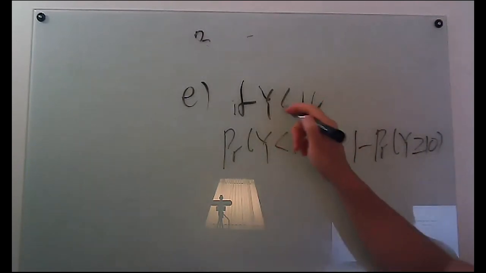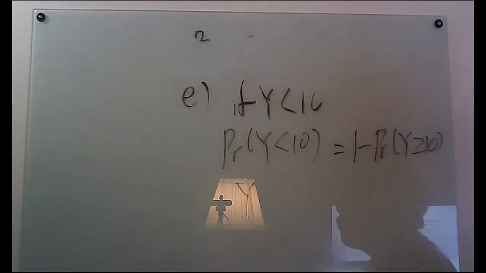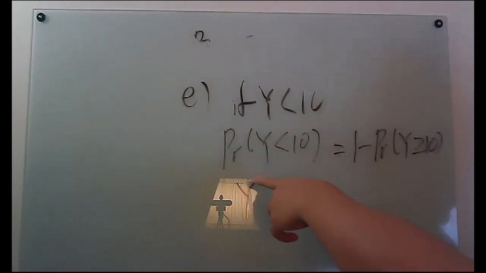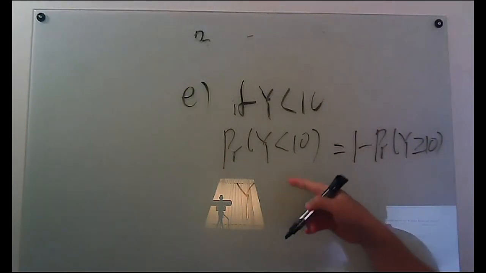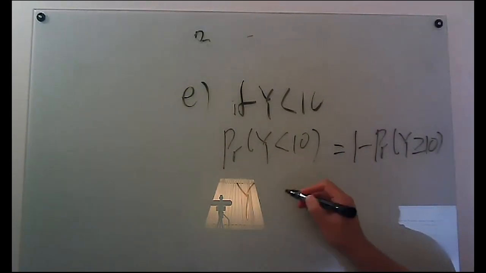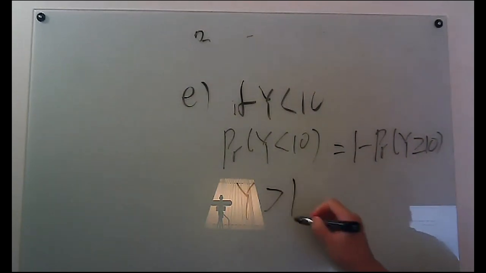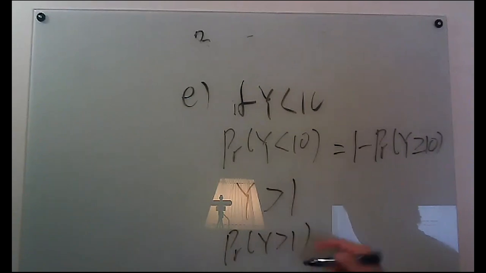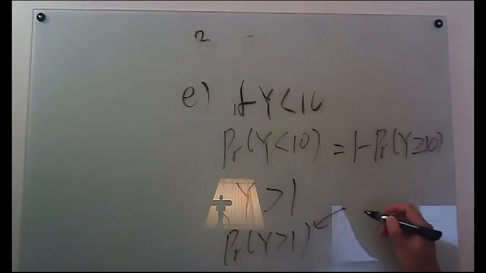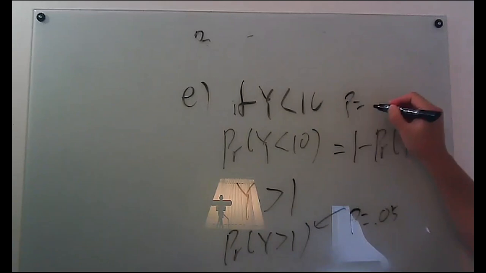But if we say Y is the number of headsets not working well, I'm showing you two cases. It doesn't matter which one you choose; the final answer will be the same. If Y is the number not working well, then it should be greater than 1. So you find the probability of Y greater than 1, where p equals 0.05. This one is p equals 0.95.